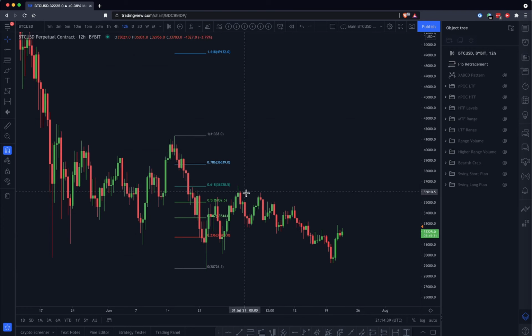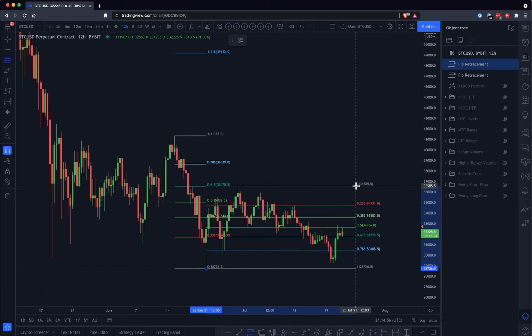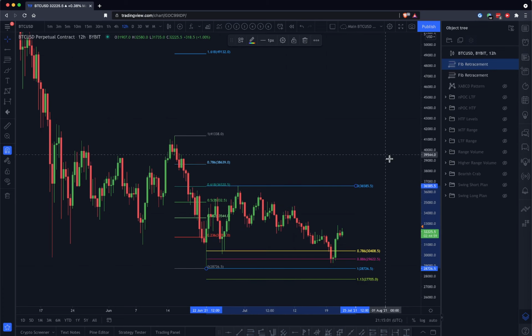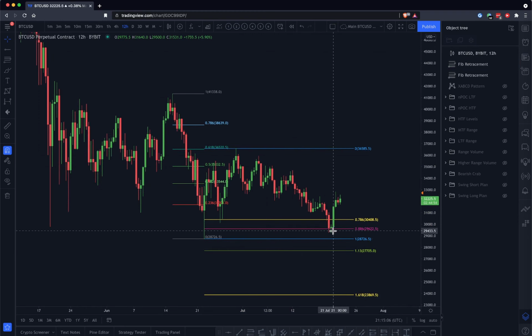So let's continue. We came back down, and where did we get the bounce? We got the bounce at around 29,200, 300-ish. Okay, so let's take our fibs from this low to this high. I will go very close to that one, not the exact one, and I will go to my harmonic fibs. You see we got the reversal candle, and the bounce was from the 886.